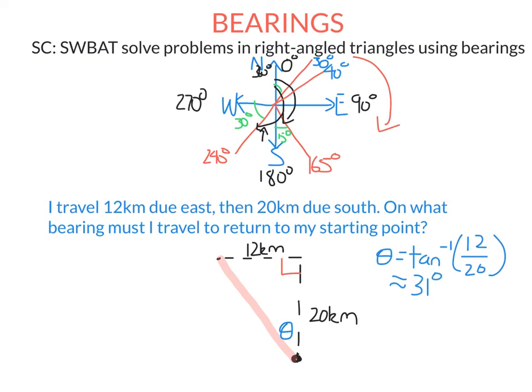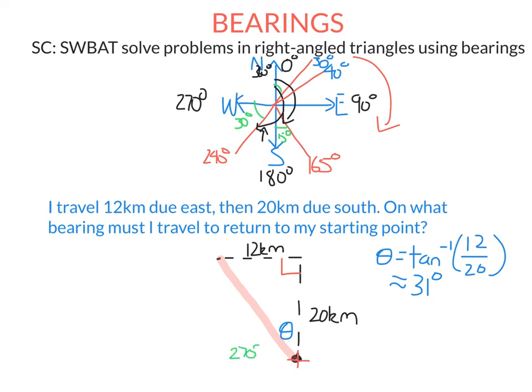So 31 degrees is this angle here, but it's not our bearing. How do I calculate the bearing? Well, view it as I'm starting at this point here, and then I want to end up here. So this is north. Remember, to calculate the bearing, I have to calculate the angle made with the north axis in a clockwise direction. I know it's 270 degrees all the way to west.